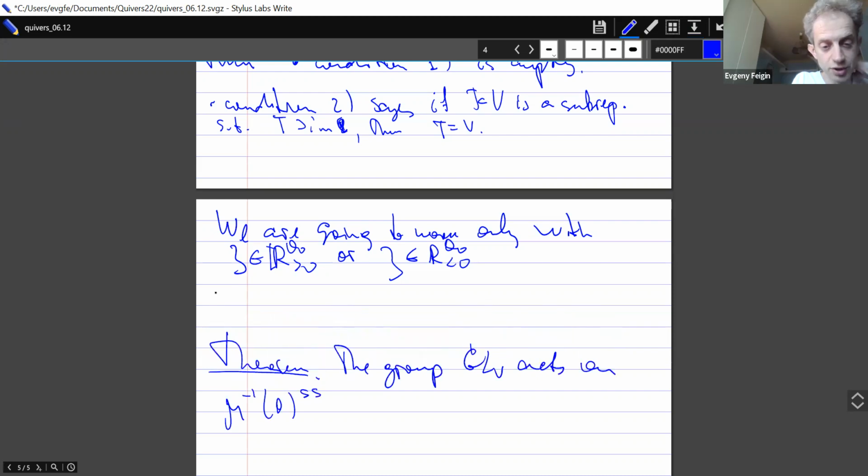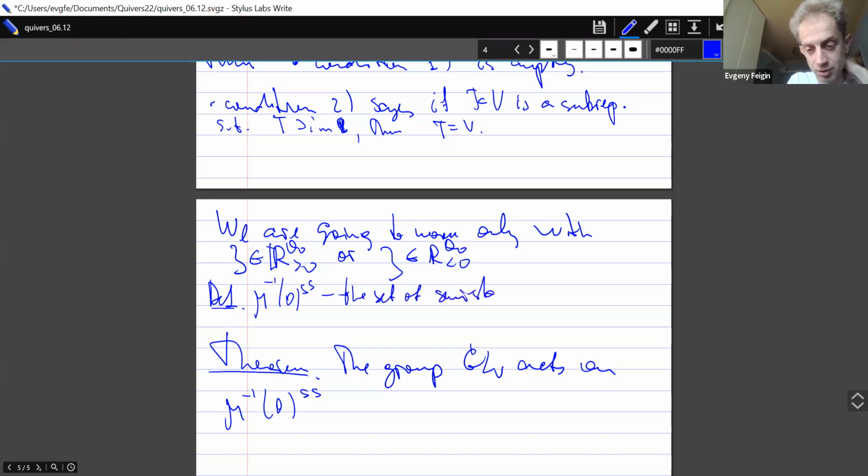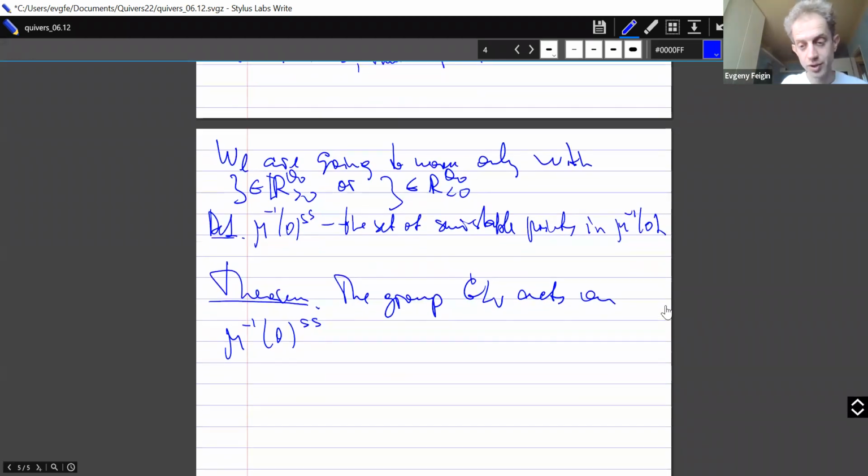I use the following notation: mu inverse 0 semi-stable is the set of semi-stable points in mu inverse 0. The group acts on this freely, and the orbits are closed.